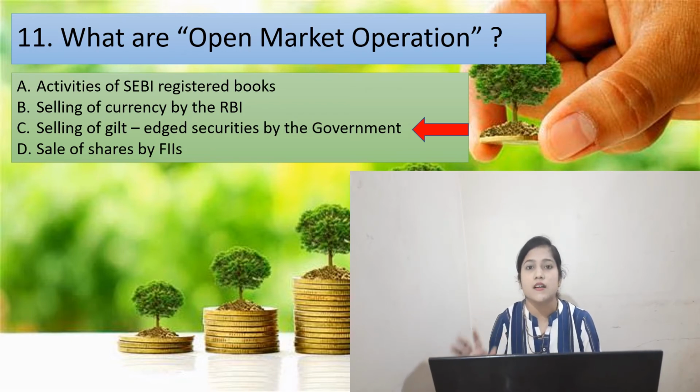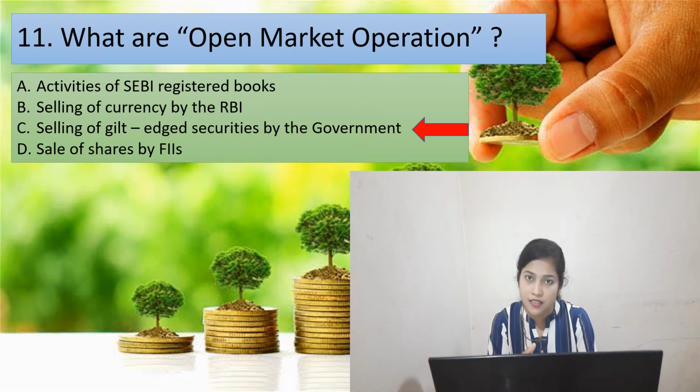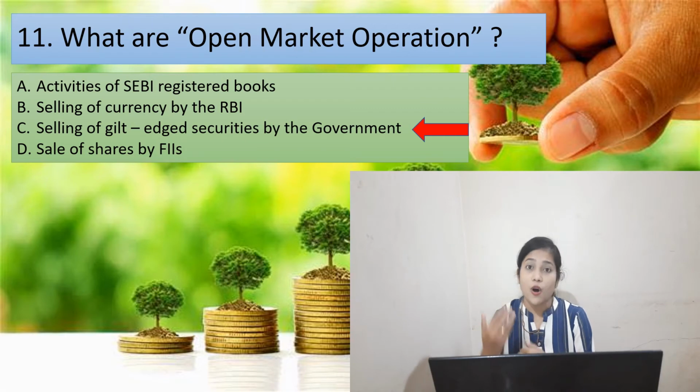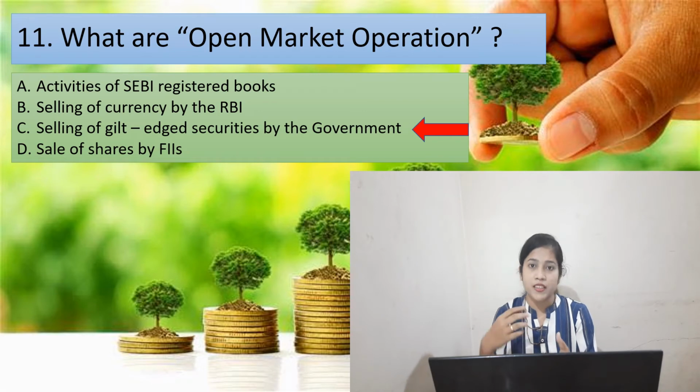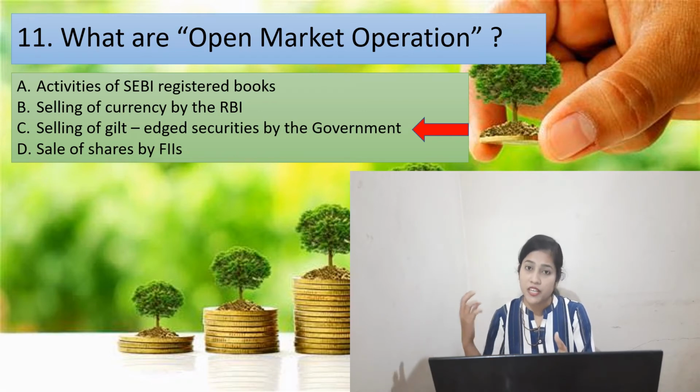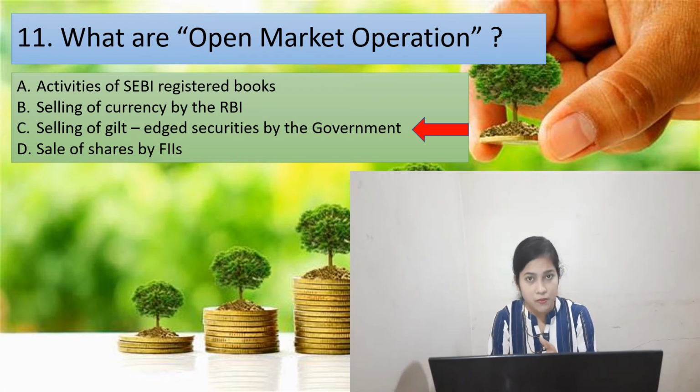RBI sells the securities. When RBI sells the government securities in the market, the money will be grabbed by RBI. And in the opposite case, when there is deflation or recession, there is a need of currency in the market. At that time, RBI will purchase the government securities. When RBI purchases the government securities from the money market, more money will flow from RBI to the market.